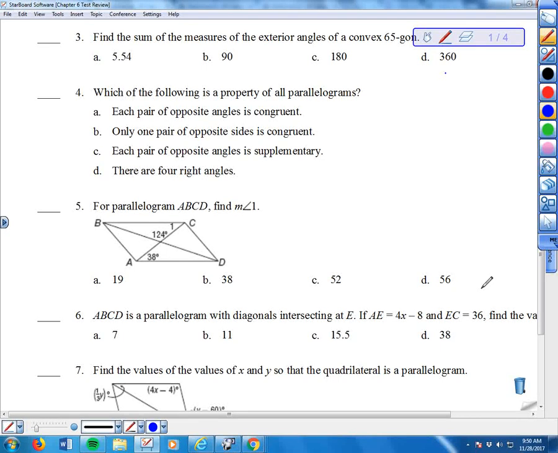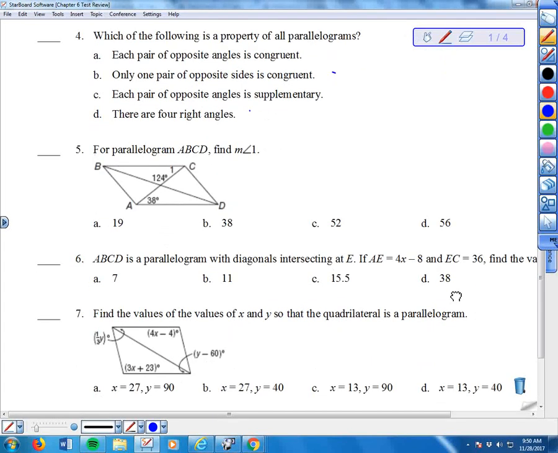This one says only one pair. That's not true. Each pair of opposite angles is congruent. That's always true. So that's A. Sometimes here, those are rectangles, and rectangles are parallelograms, but it's not true for all parallelograms.